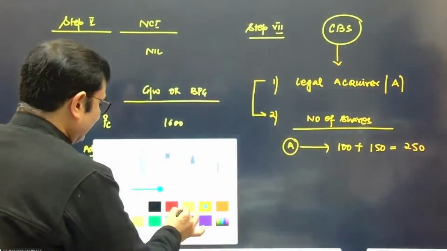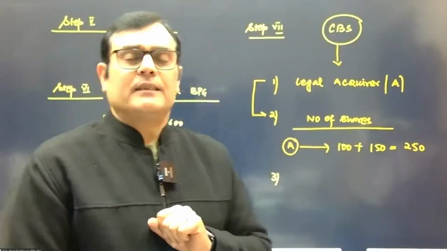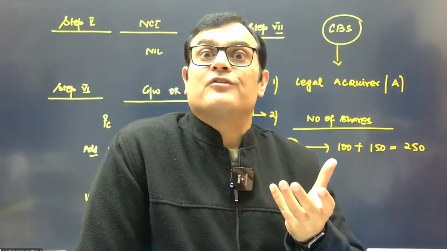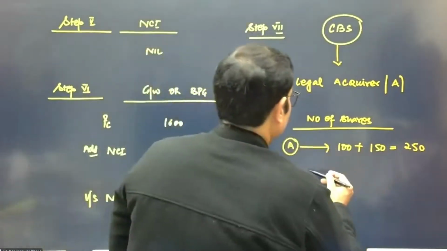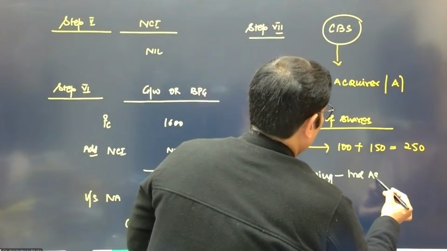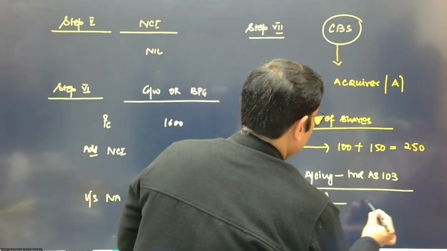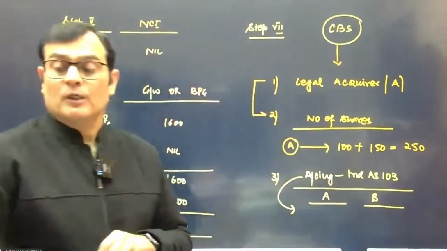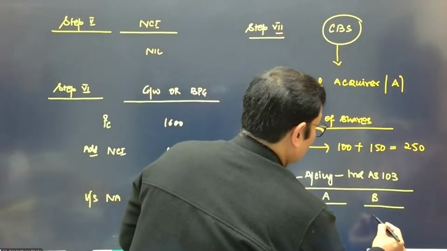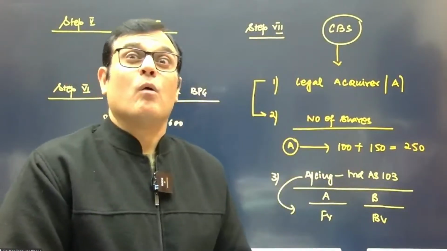That's number 2. Second, rather I would say point number 3. When you make the consolidated balance sheet, the accounting is going to be done from the Ind AS 103 perspective. And from the point of view of Ind AS 103, when you take the balance sheet values, you will take the fair values of A and you will take the book values of B, because A is the accounting acquirer.